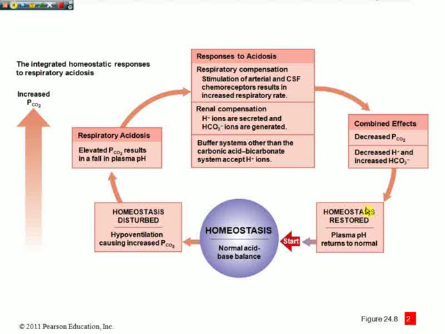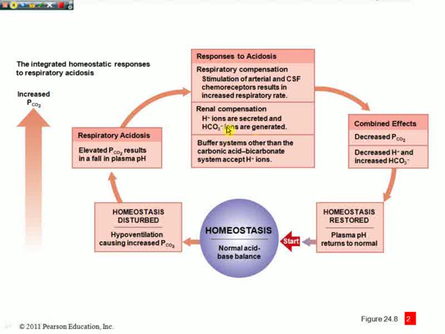Figure 24.8 shows, starting with a normal acid-base balance, hypoventilation causes increased PCO2. That results in a fall in plasma pH. The response is stimulation of arterial and CSF chemoreceptors, resulting in an increased respiratory rate.